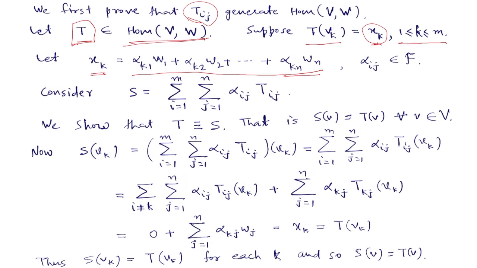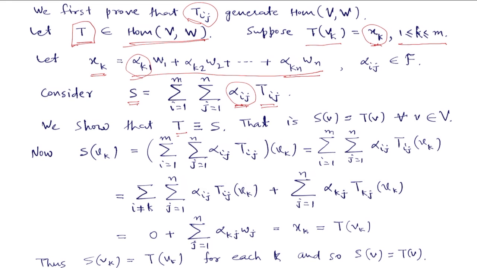Now let us take this combination of Tij with alpha ij, call it S. These are the same alpha ij that appear here for each xk, and we will show that this S is the same as this T, and this will show that T is a linear combination of Tij.